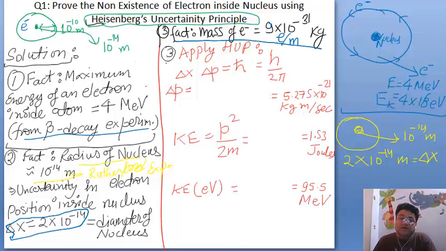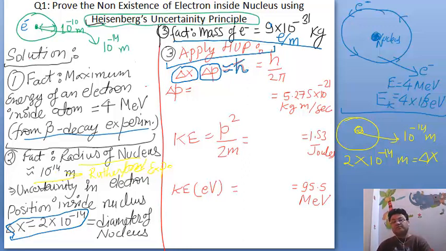Now the Heisenberg uncertainty principle comes into the scene, which states that the uncertainty in any particle's position and the uncertainty in its momentum should be of the order of at least Planck's constant, and when we consider it more appropriately, it comes out to be h upon 2 pi.